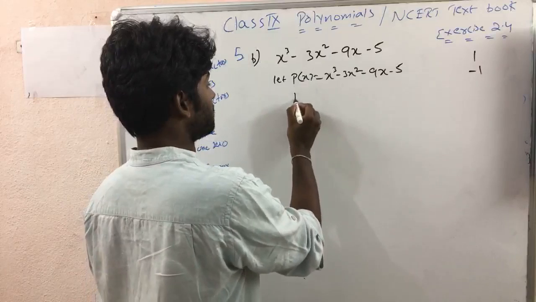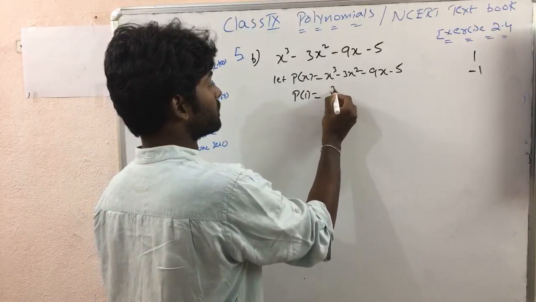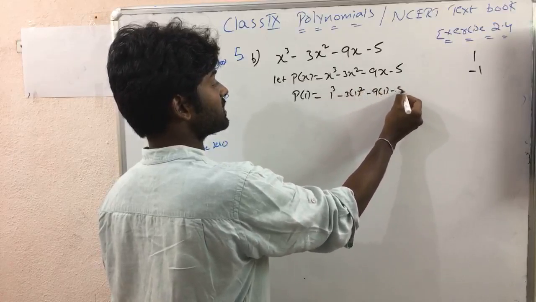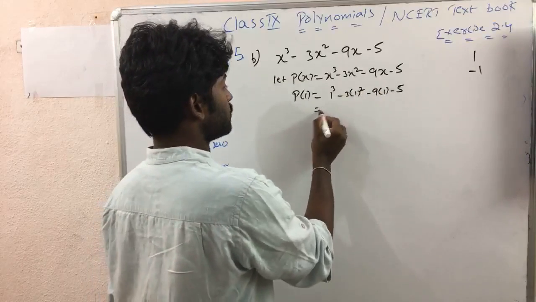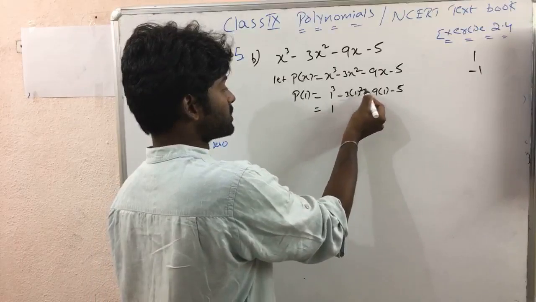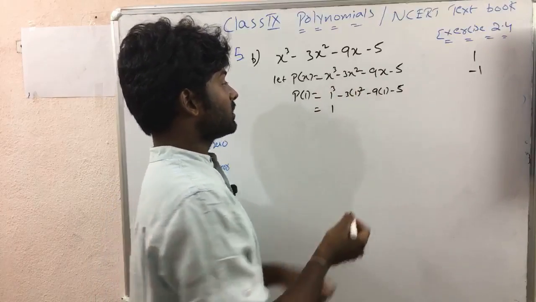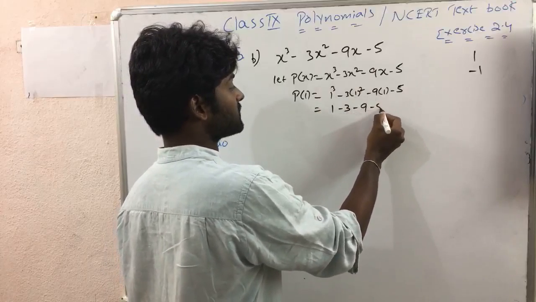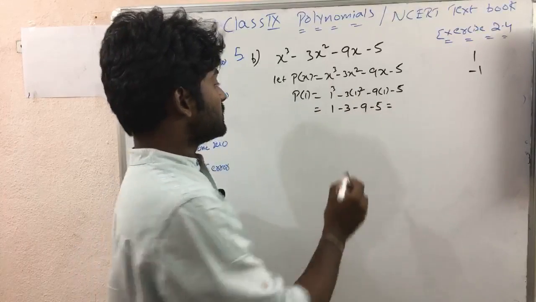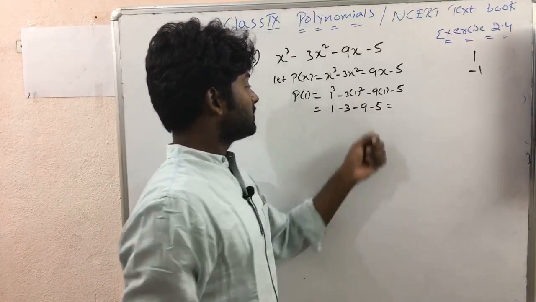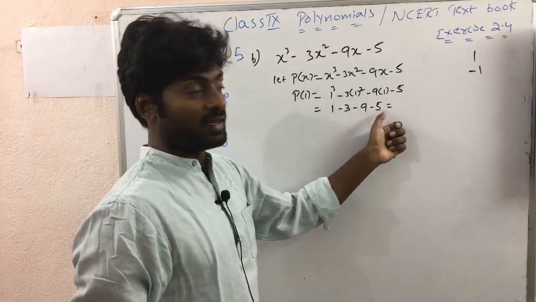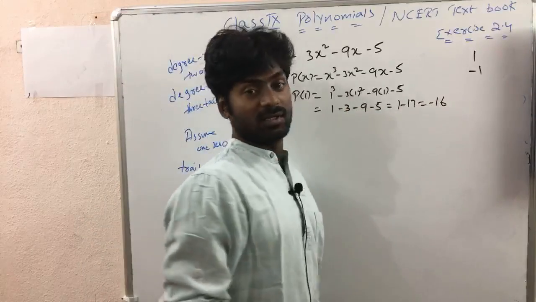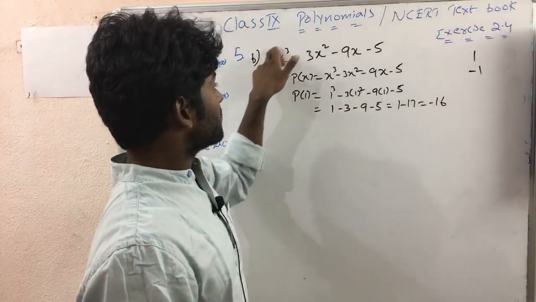So p of 1 equals 1 cube minus 3 into 1 square minus 9 into 1 minus 5. 1 cube is 1, 1 square is 1, 3 into 1 is 3, minus is there, so minus 3, minus 9, minus 5. These three are negative terms, so add them: 9 plus 3 is 12, 12 plus 5 is 17. 1 minus 17 results in minus 16. That means 1 is not a zero for the given polynomial.